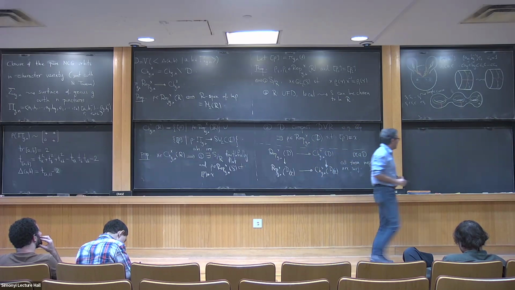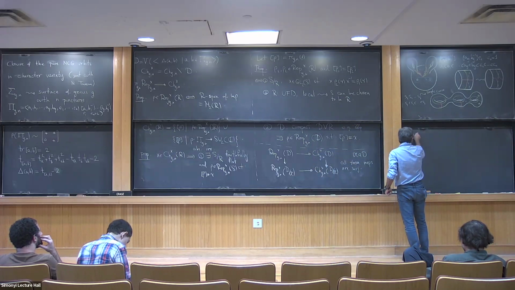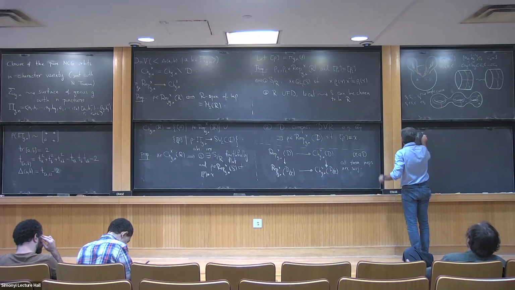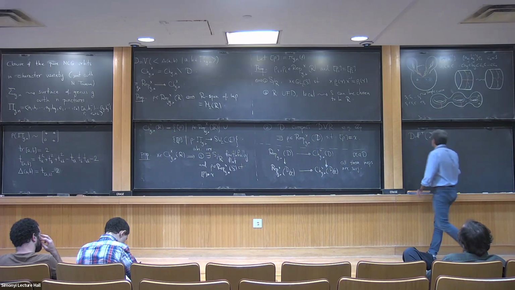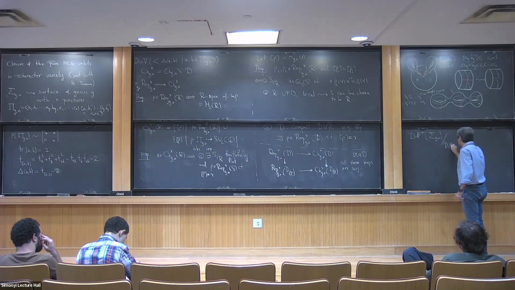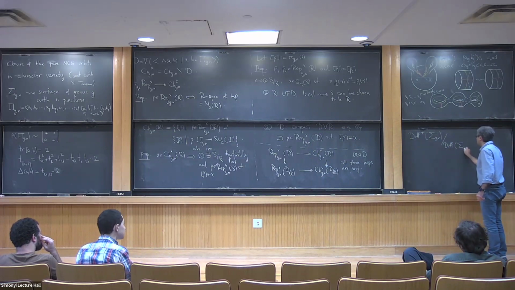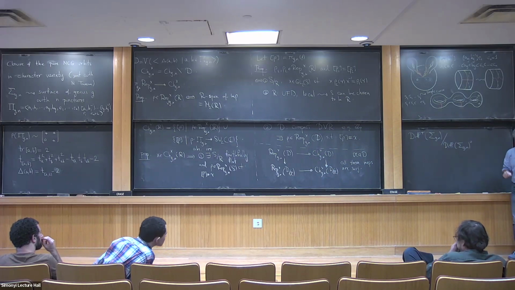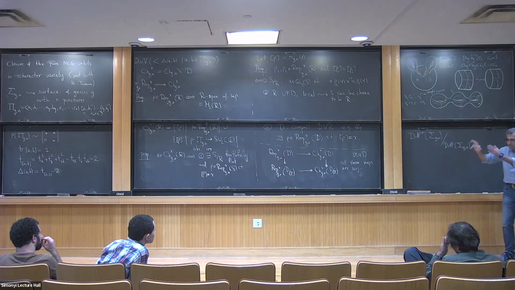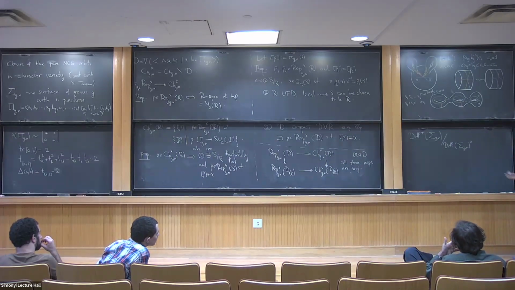So rather I can say I'm looking at orientation preserving diffeomorphisms of my surface, but modulo the connected component of the identity. So I'm not interested in diffeomorphisms that you can deform one to get to another. I'm modding out by the connected component. That is called the mapping class group of the surface.